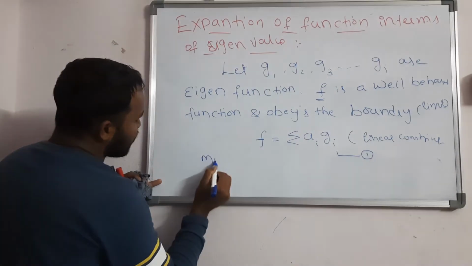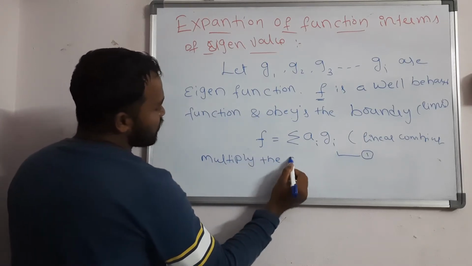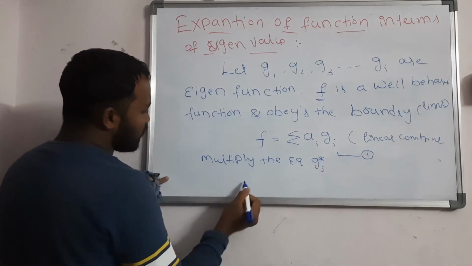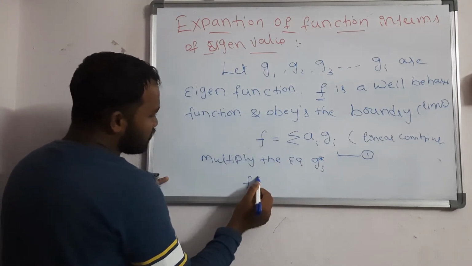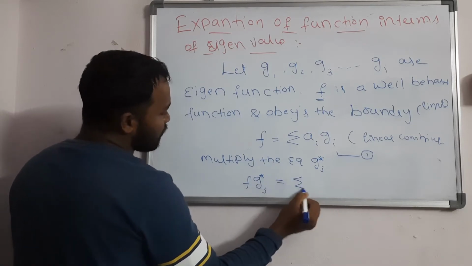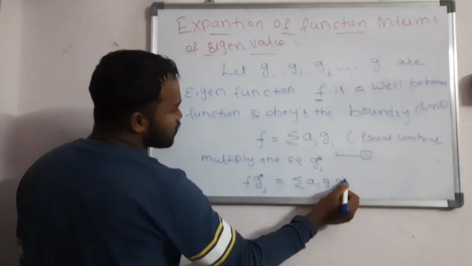Now multiply the above equation with gj star on both sides. Then f into gj star is equal to summation ai into gi into gj star.